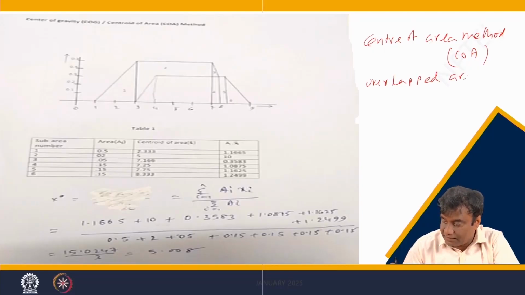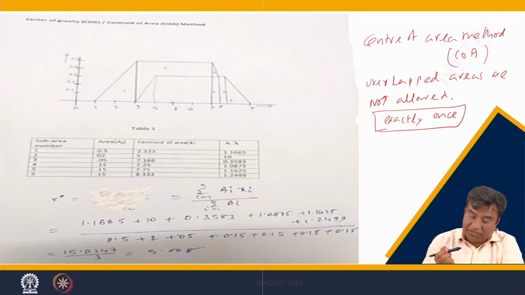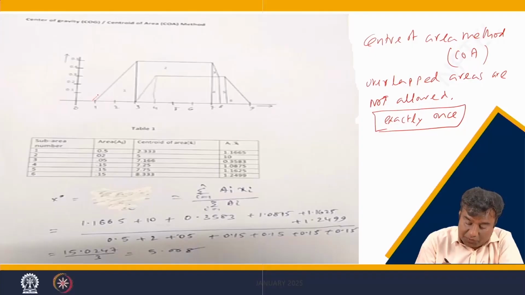Overlapped areas are not allowed, which means each area can be counted exactly once, not more than that. The diagram is the same, so we need to divide it into separate areas so that overlap is not possible.